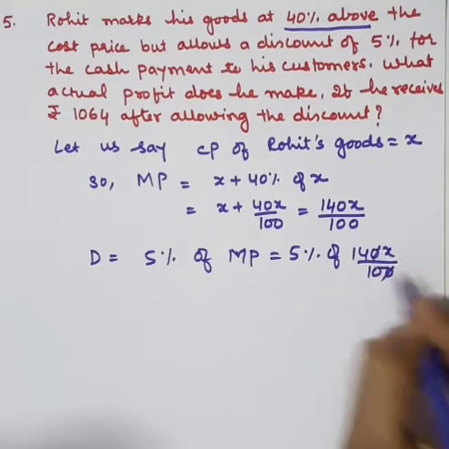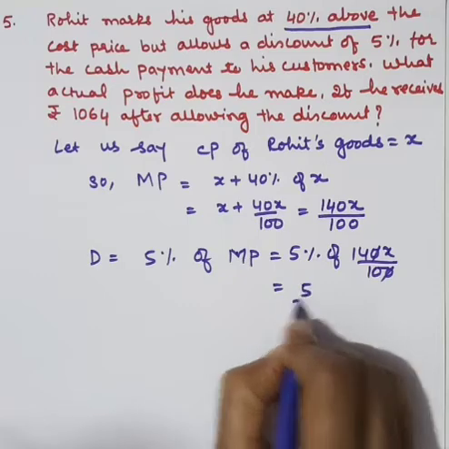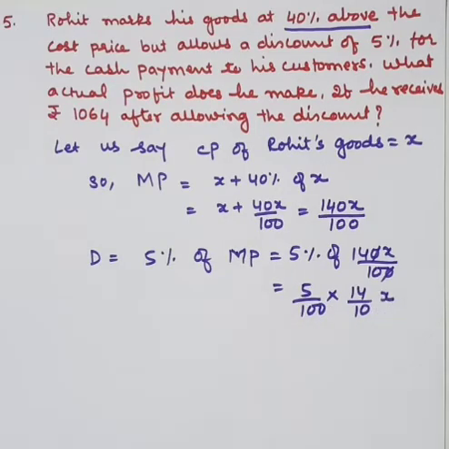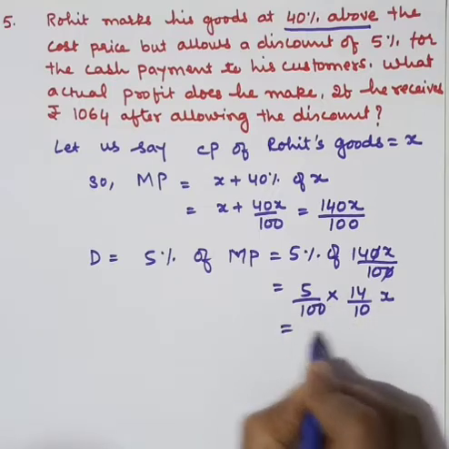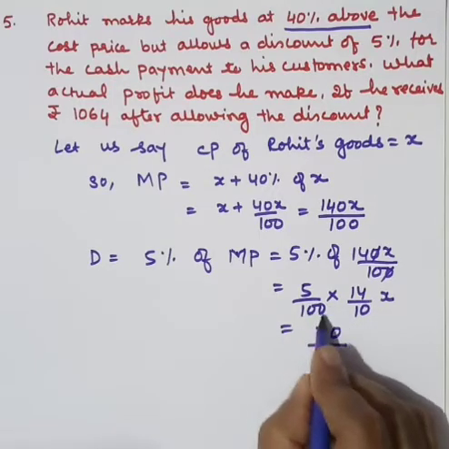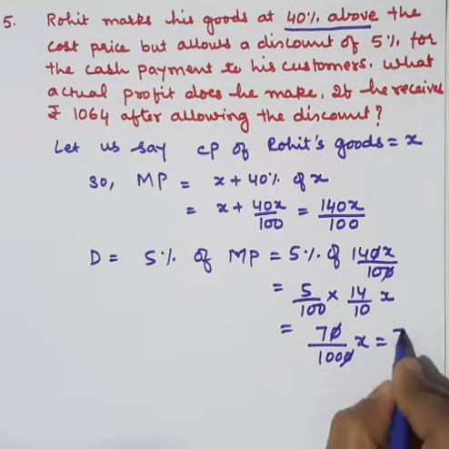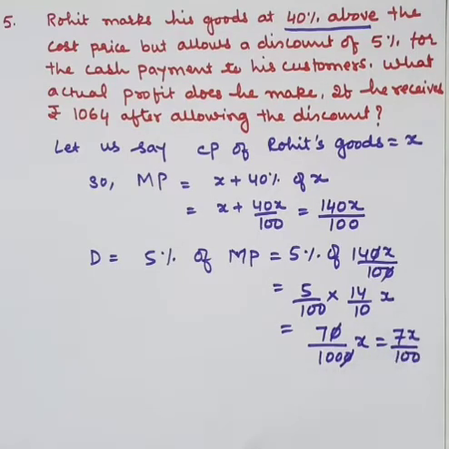So see, 0, 0 I am cancelling here. 5% means 5 by 100. Of means into 14 by 10 x. Now see here, 14 5s are 70. 70 by 1,000 x. 0 0 cancel. So this has become 7x by 100.